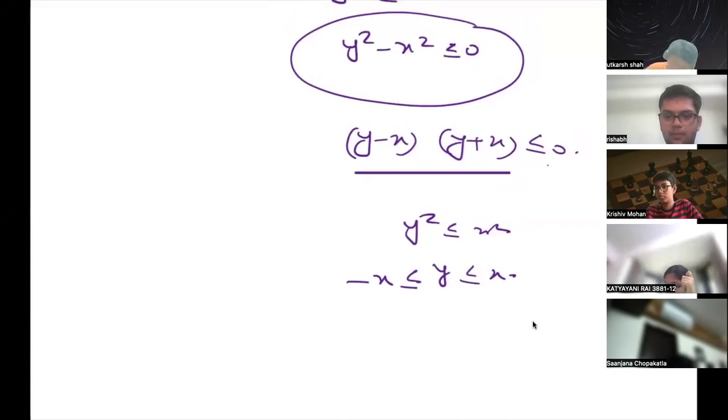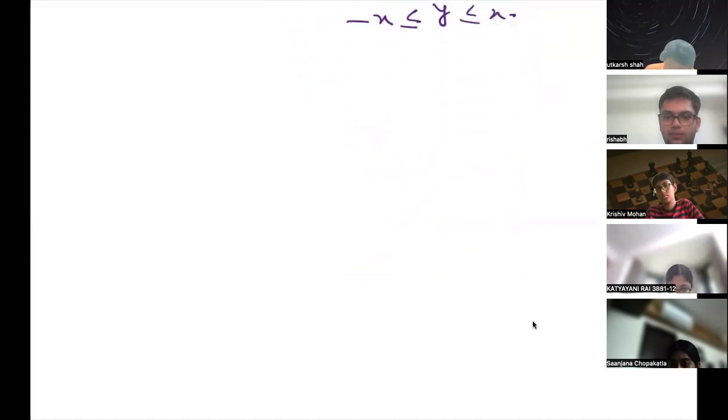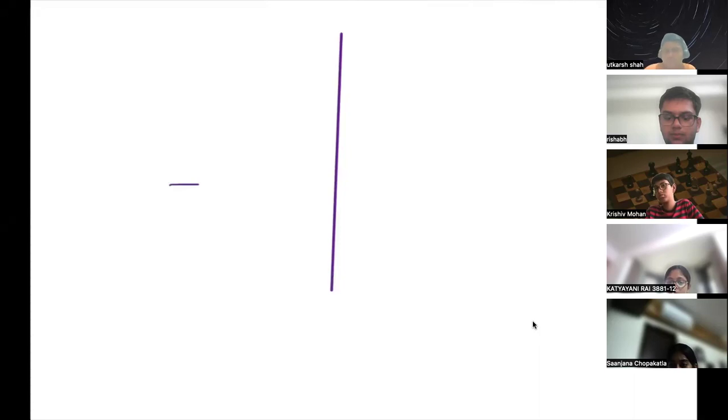Very good. The graph will pass through the origin. But we have to see which portion we have to take. Up to this line, everyone is comfortable. Now I have to draw the line. This is the coordinate axis.